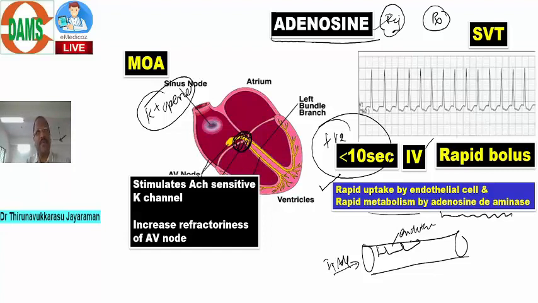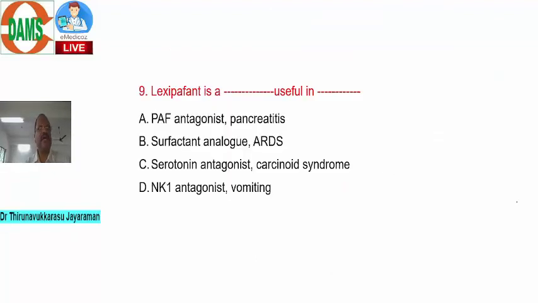Because of rapid uptake by the endothelium and rapid metabolism, adenosine is very short acting, for less than 10 seconds. So question 1, the most ultra short acting anti-arrhythmic agent is adenosine, and it's also the drug of choice for treatment of acute supraventricular tachycardia.